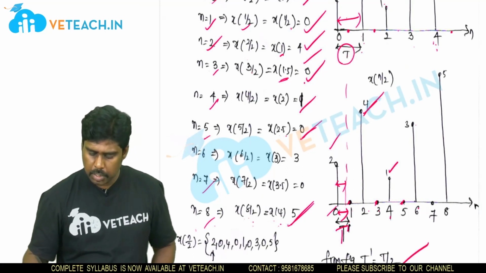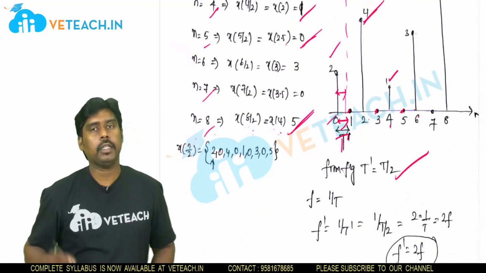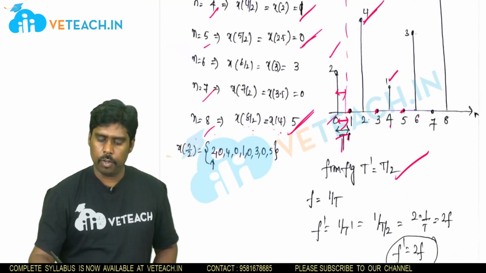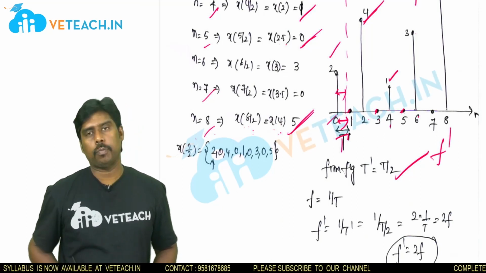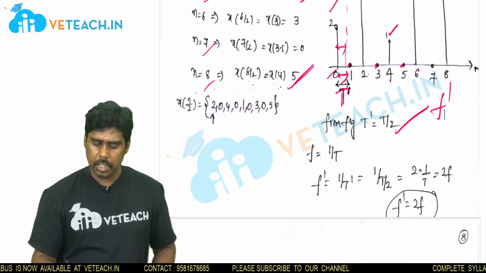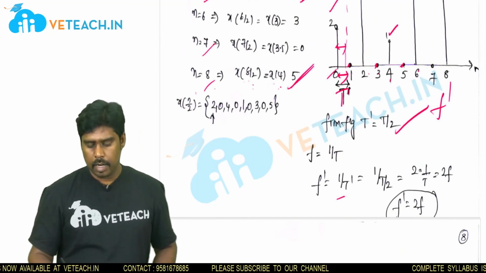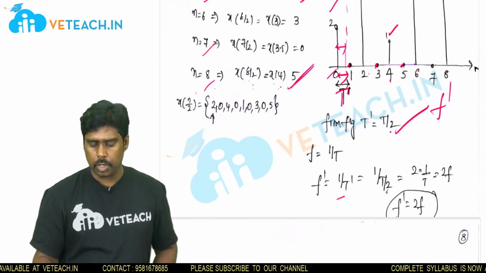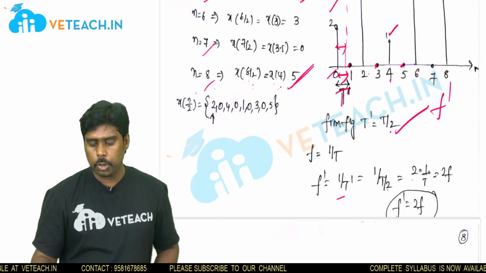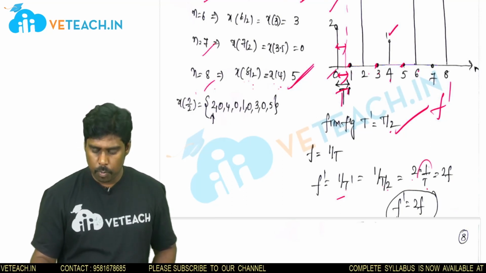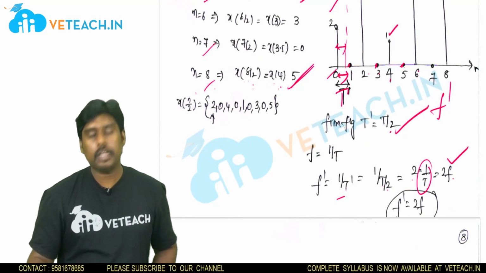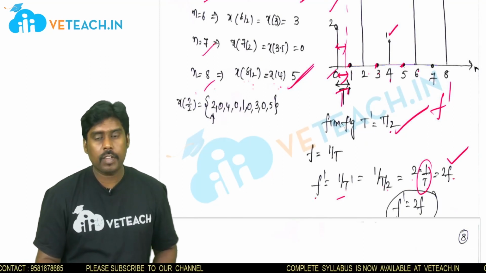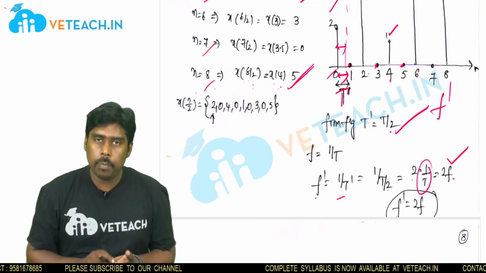So t dash equal to t by 2. If f is the input frequency and f dash is the output frequency, f dash equals 1 by t dash, and t dash means t by 2. Substituting, it will be 2 into 1 by t, and 1 by t is nothing but f. So f dash equals 2f: the output frequency is twice the input frequency.